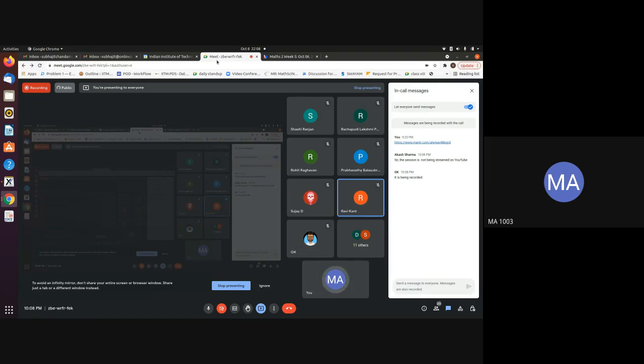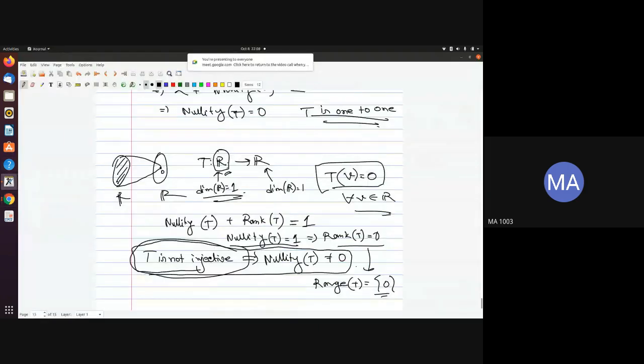So basically, take this statement as true: when T is injective, nullity must be 0. Why it is true, I have mentioned that, you just go back and check. Now, when T is not injective, then nullity is non-zero, correct?